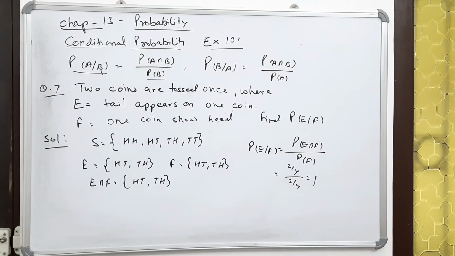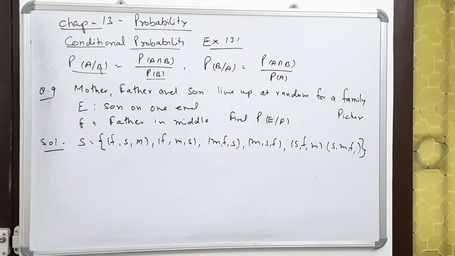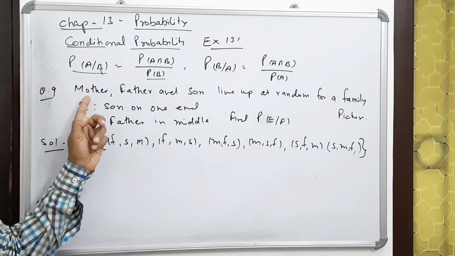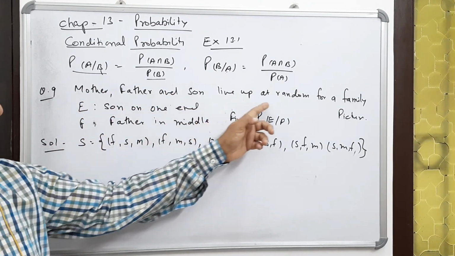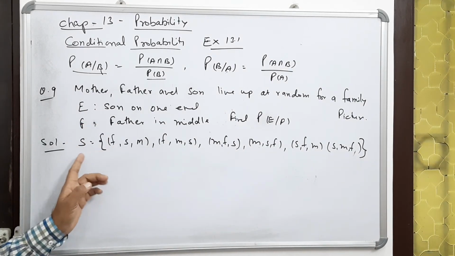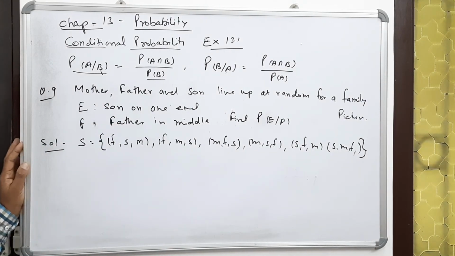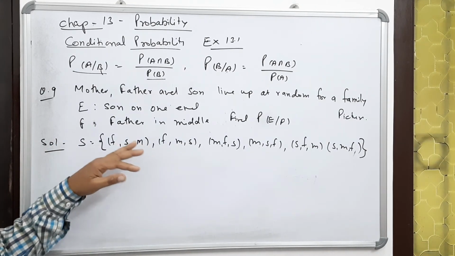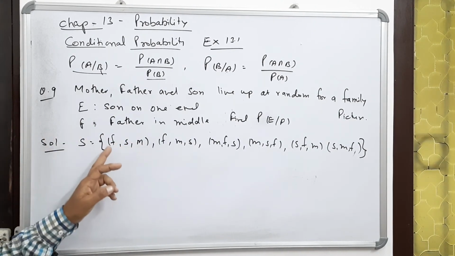You see the next sum. Yes, now you see the problem. Mother, father and son line up at random for a family photograph. When 3 persons are arranged, there will be a total of 6 elements in the sample space.